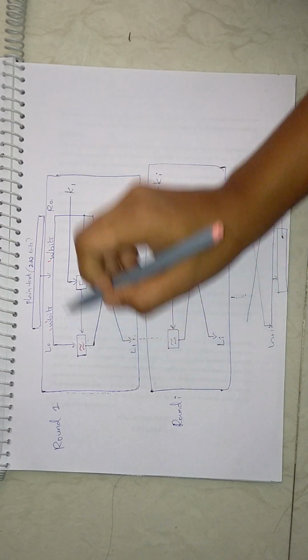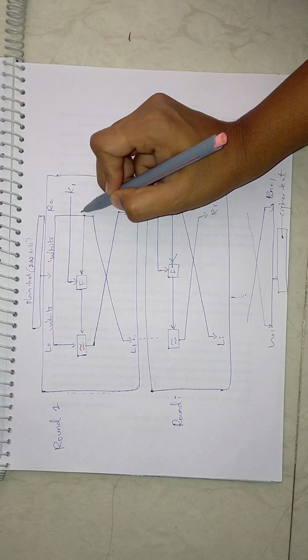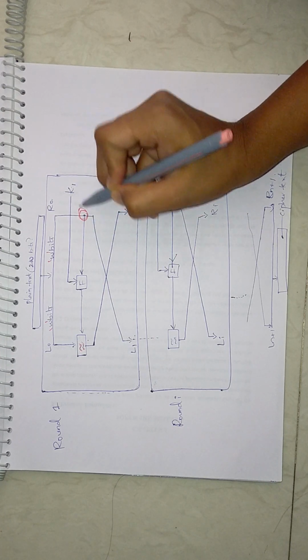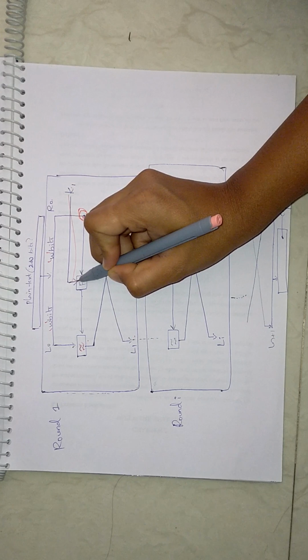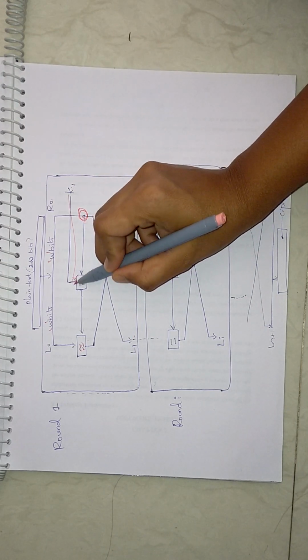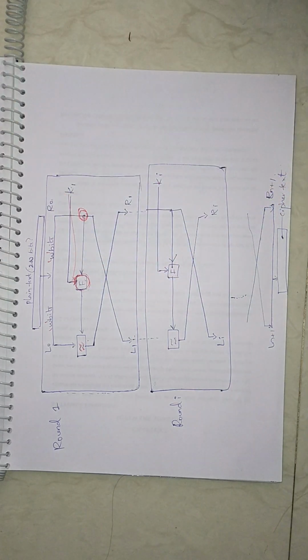We take the right side part and pass it to the function along with the key. Here the round function is just some function. There we'll have some logic just to make sure that we are converting the plain text to some other form.